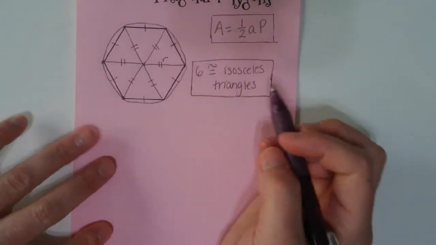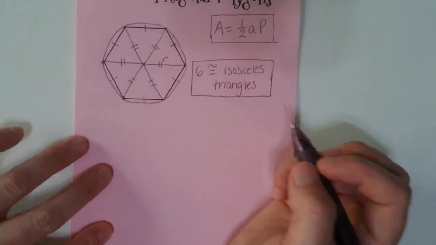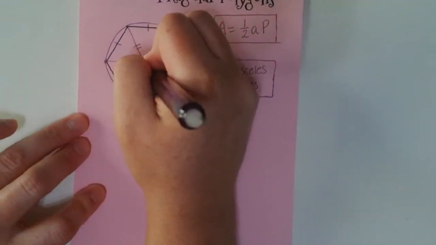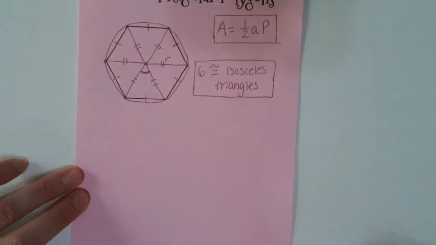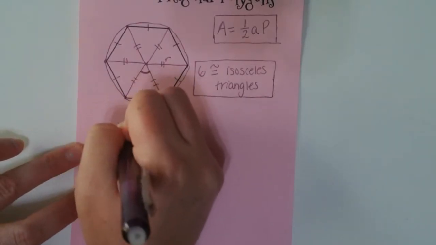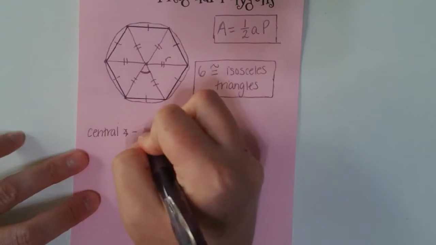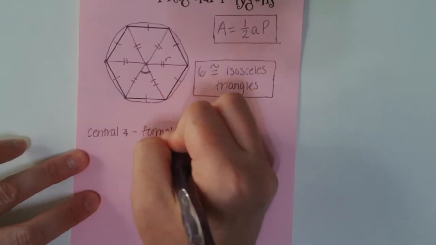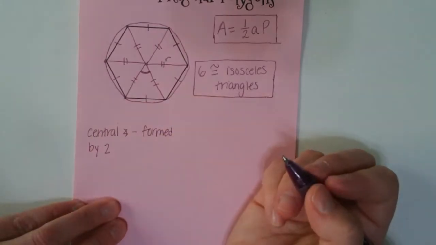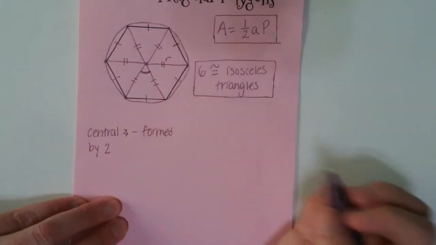If I look at this triangle right here, this angle right here is called the central angle. And the central angle is formed by 2 radii from the center to the vertices of the polygon.